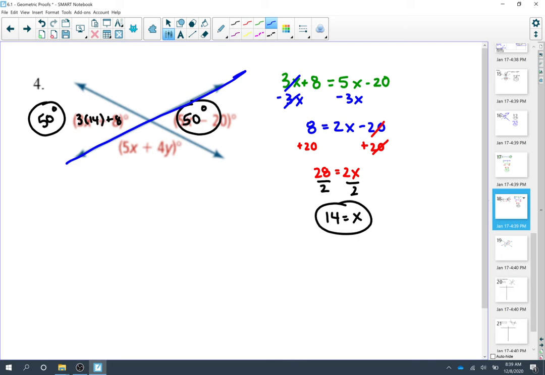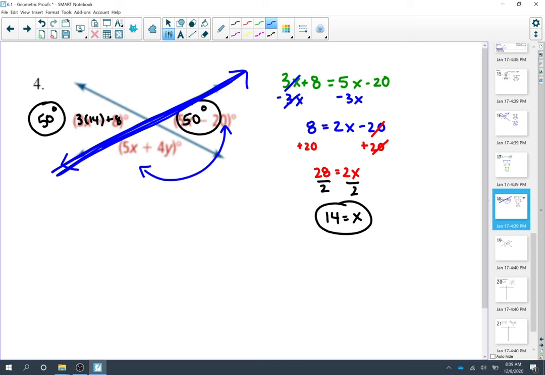So now I'm going to look at this line. Okay, this line is a linear pair or an adjacent angle. Two angles on a line, so this one and this one, add to 180 degrees. So I know this guy plus this guy is 180.